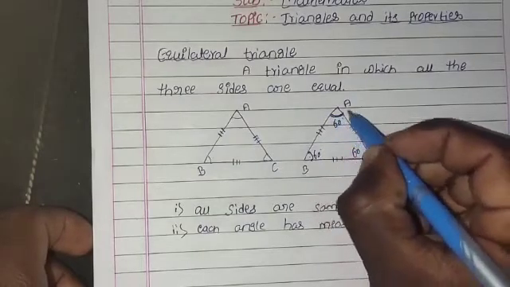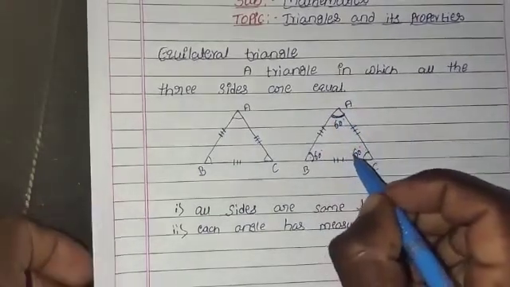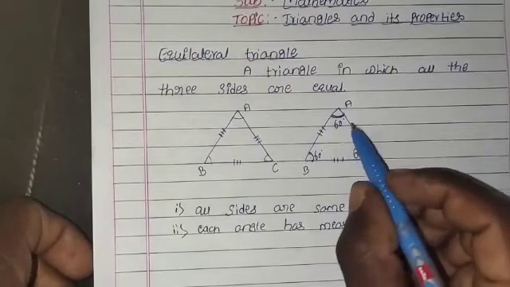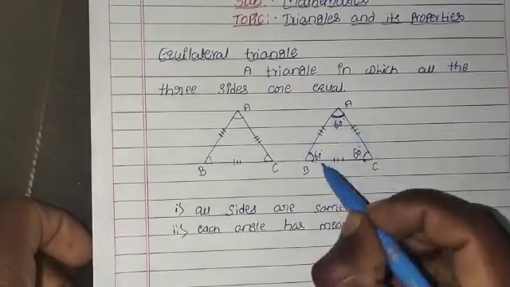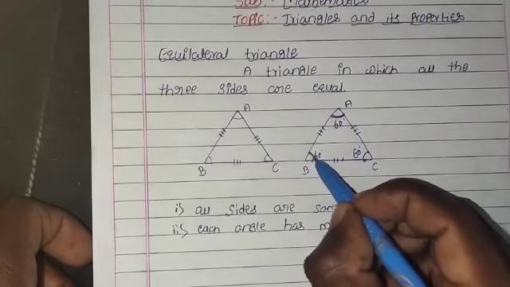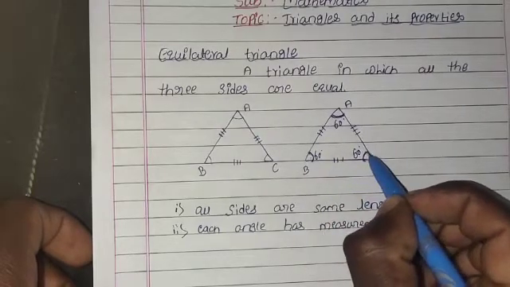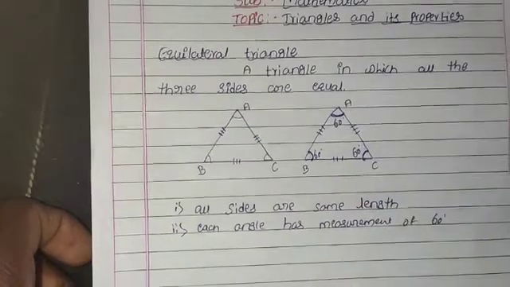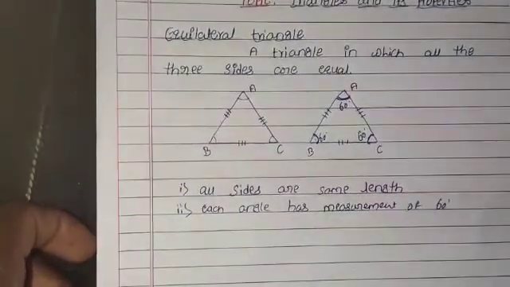The measurement of an angle in an equilateral triangle is 60 degrees. You always remember this. In an equilateral triangle all three sides are the same length or equal, and all three angles are also equal, which means the measurement of each angle is 60 degrees. This is the concept of the equilateral triangle.